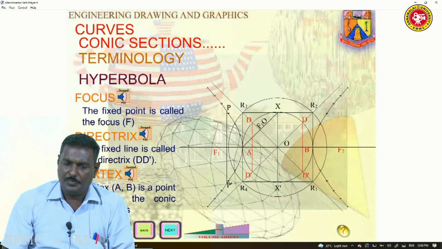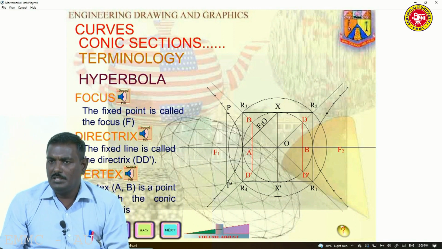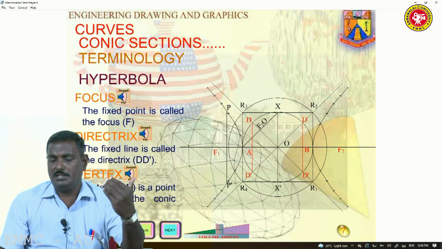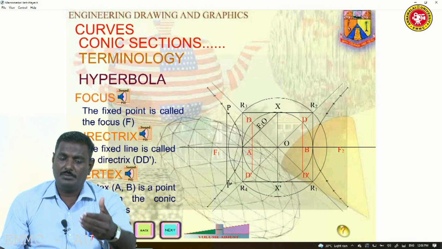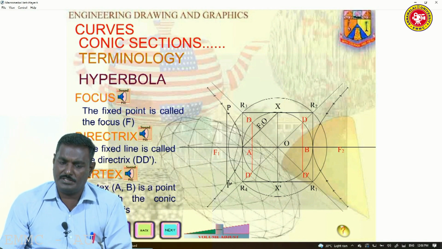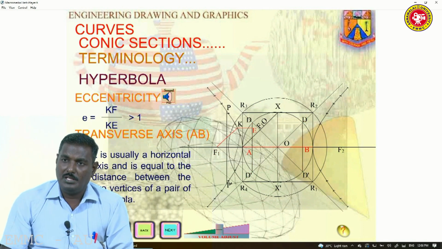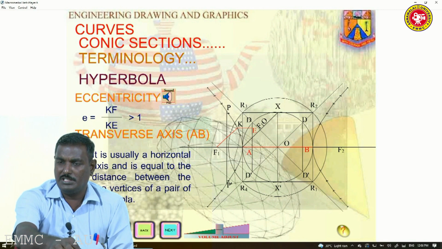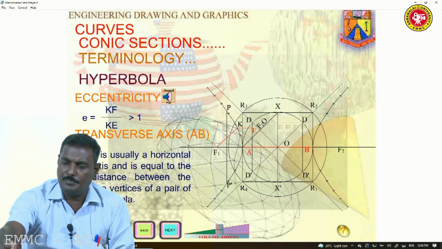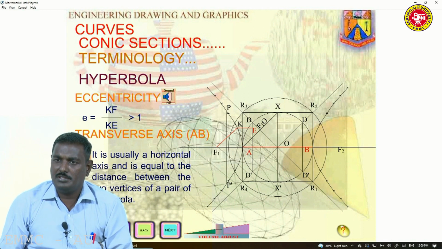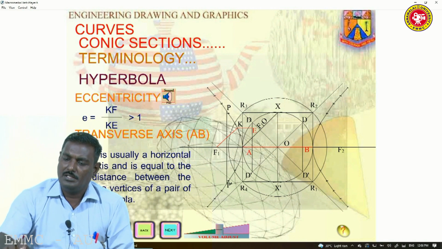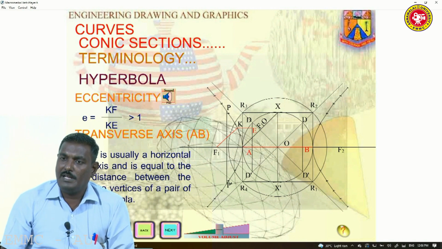Then the terminology. We already learned the various terminology in the ellipse as well as in the parabola. The same things: focus, directrix, vertex, then eccentricity. Especially in eccentricity, we look at the distance between the focus and a trace point, and the perpendicular distance from the trace point to the directrix.